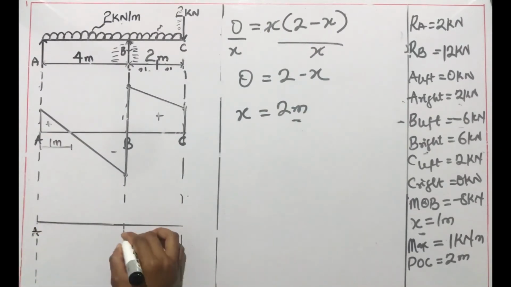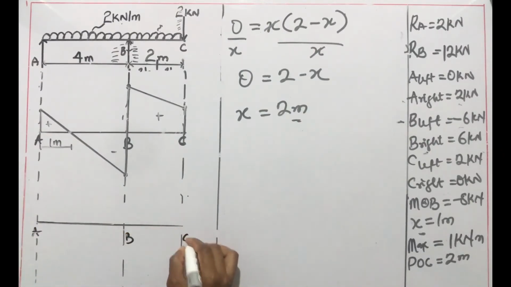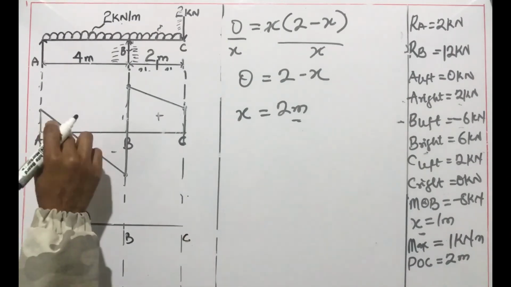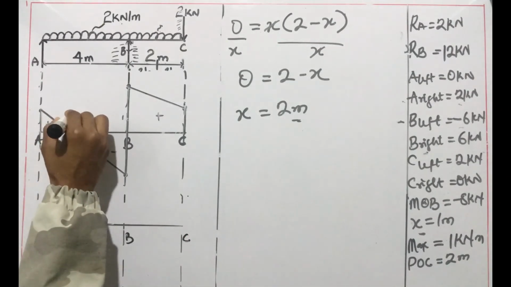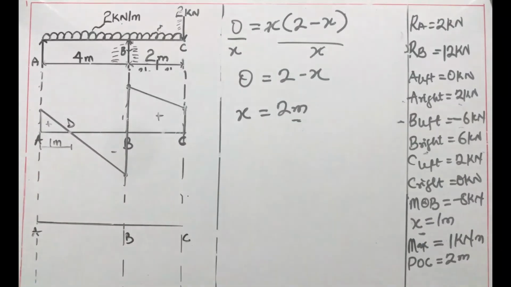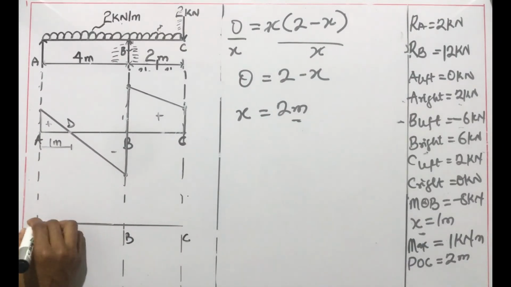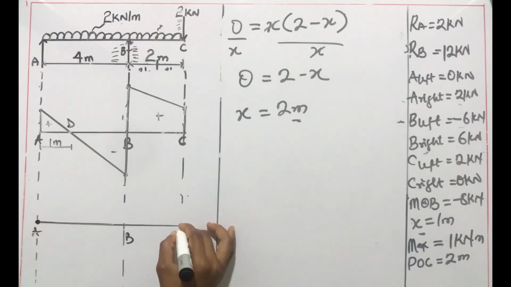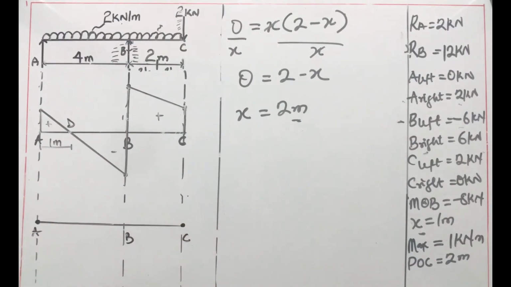Next is to draw our bending moment diagram. Let's label the point where maximum bending moment occurred D. The first point is at A, which is 0, and at C, which is 0. The bending moment for B is minus 8 kilonewton meter.